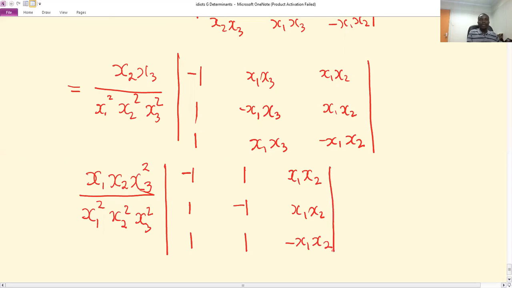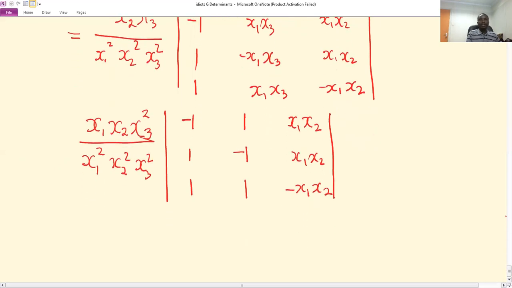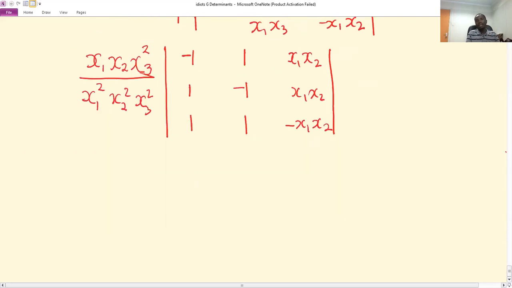Good. Now also, this third column, every element has a factor x1, x2. So I pull it out of the determinant. So x1 will multiply here, I get x1 squared. x2 will multiply this x2, I get x2 squared. x3 is x3 squared, divided by x1 squared, x2 squared, x3 squared.